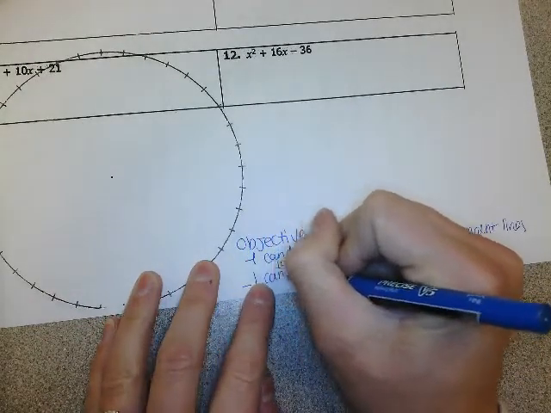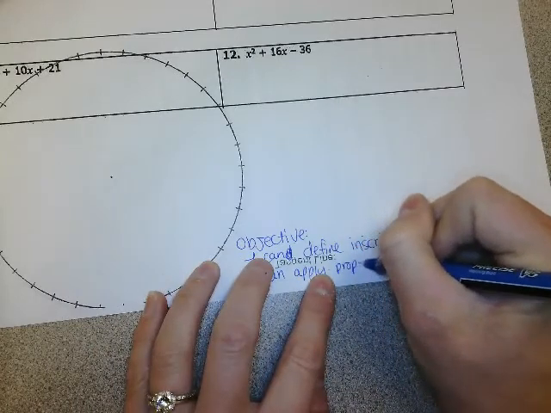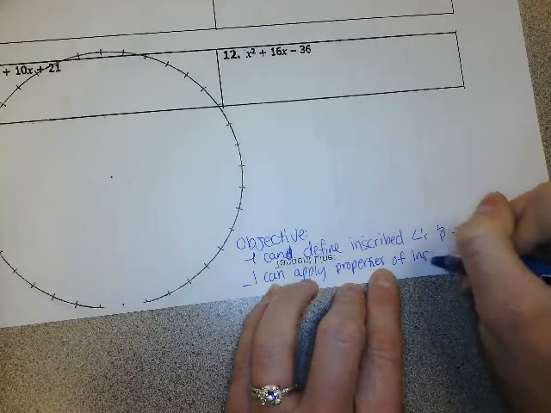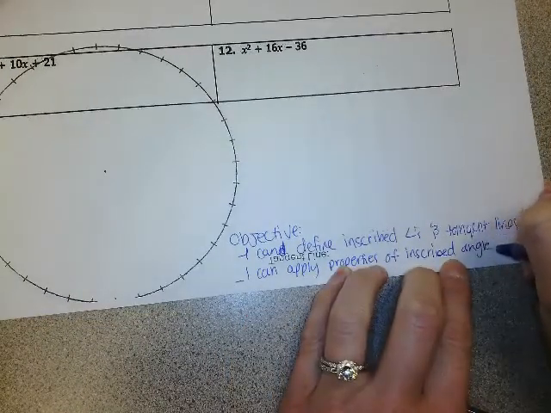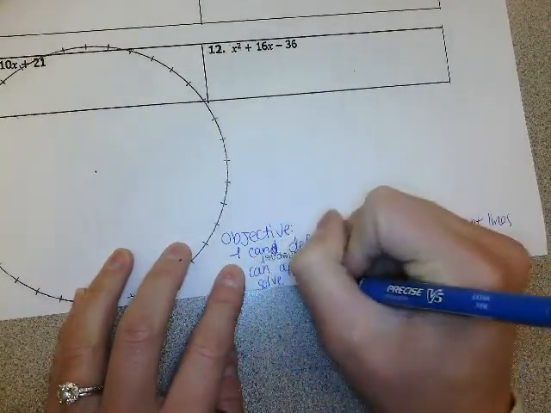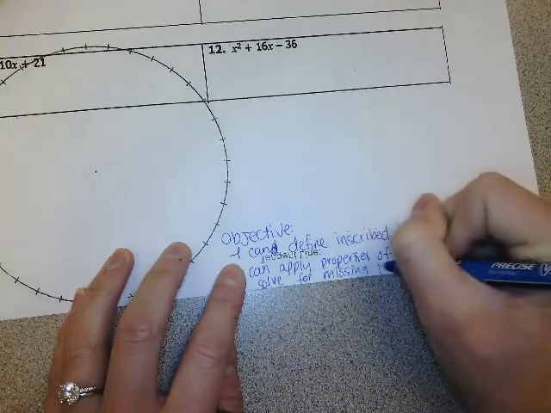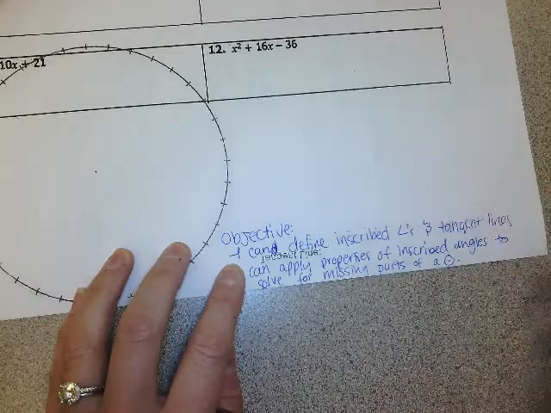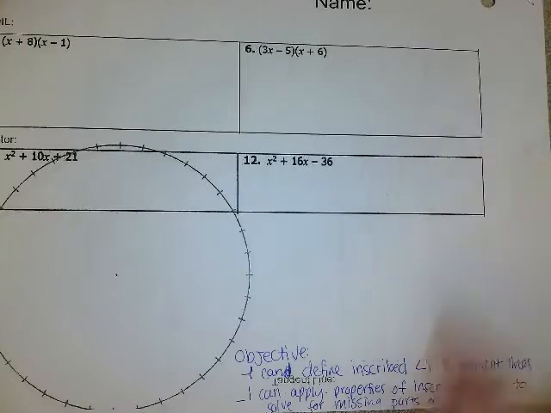I can apply properties of inscribed angles to solve for missing parts of a circle. All right. Cool.